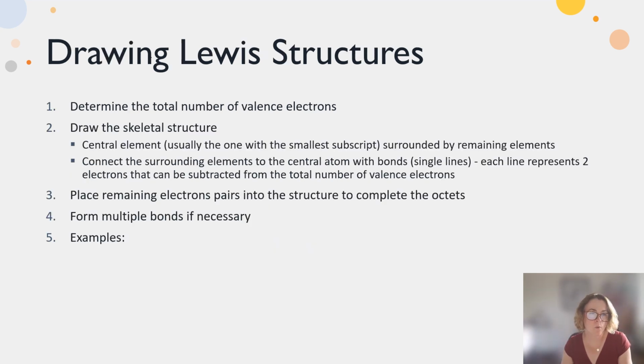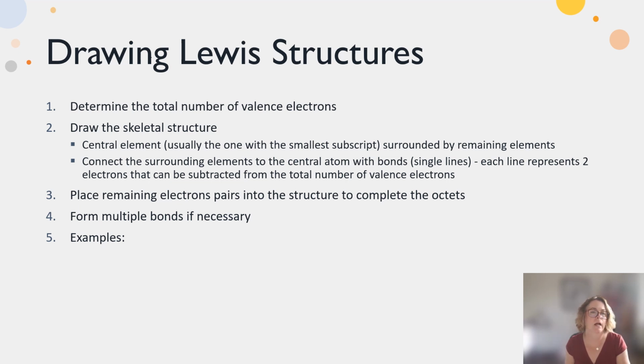Okay, so what we're going to do is Lewis structures next, and this is going to give us our structural formulas. What I've given you here is a set of guidelines to help you figure out what that structure is going to look like.